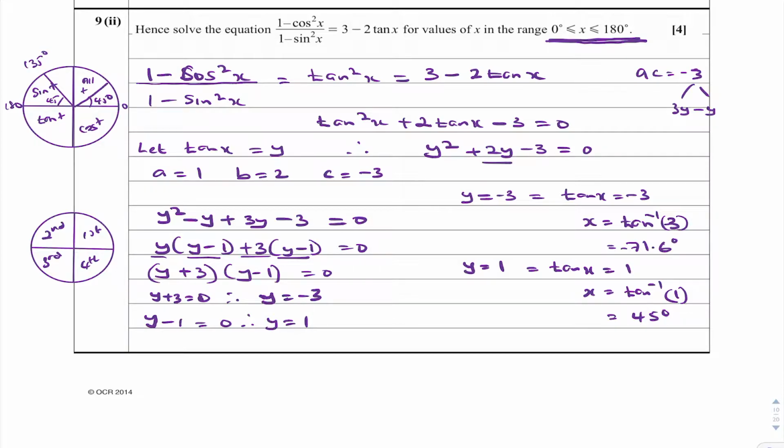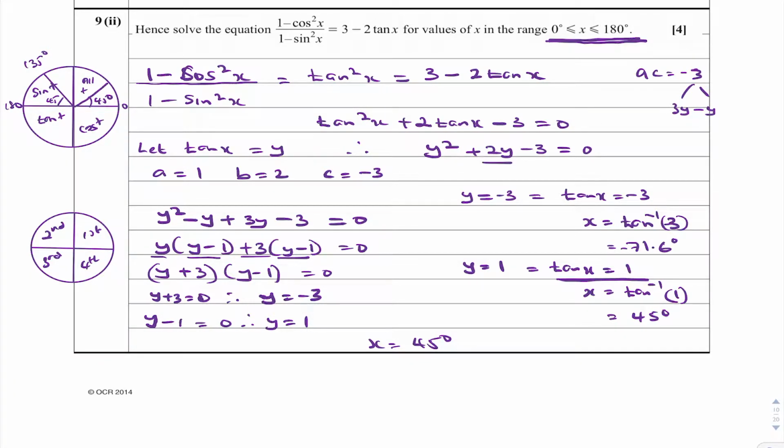So the first angle that we needed was x equals 45 degrees. It's the first one that's positive, because the value of tan is positive. So that's accepted.